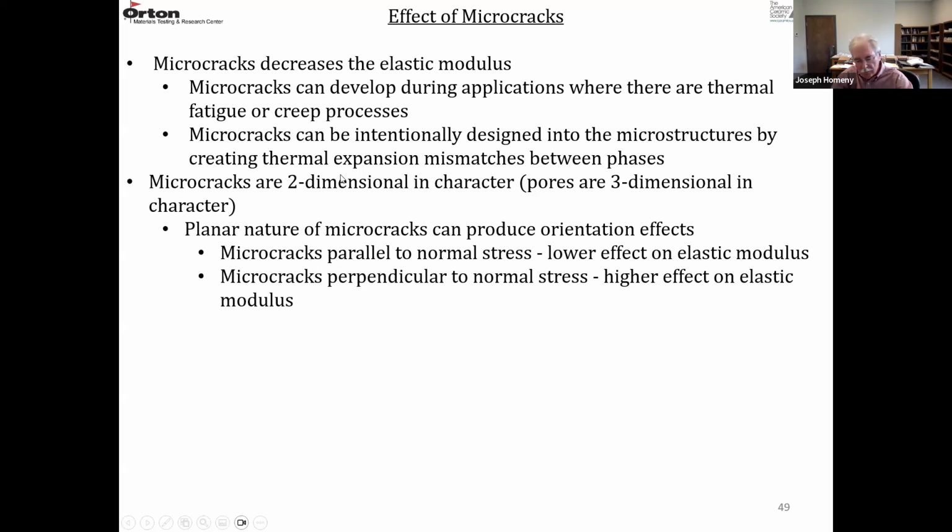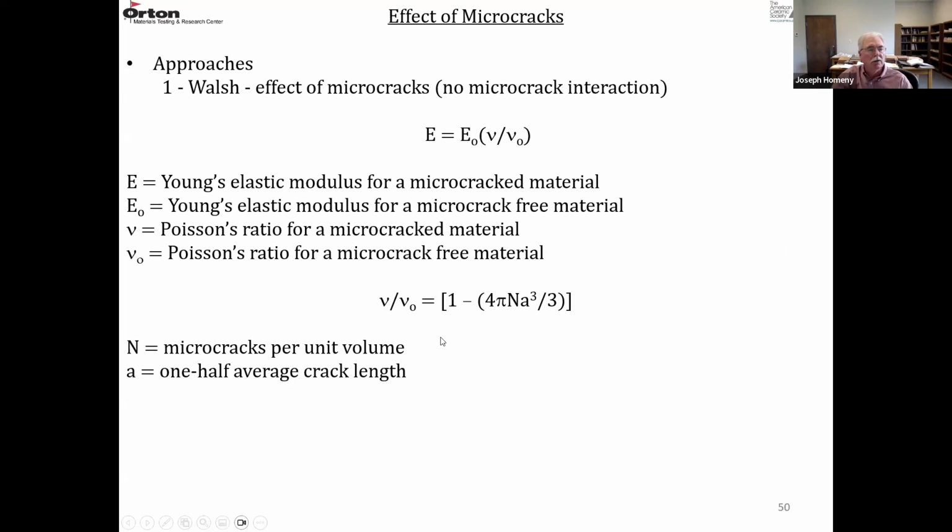So microcracks are going to decrease the modulus. And again, controlling the microcrack density is going to be important for controlling the thermal shock behavior. So there are multiple approaches here for describing the effect of microcracks on the elastic properties. So the first one is by Walsh.